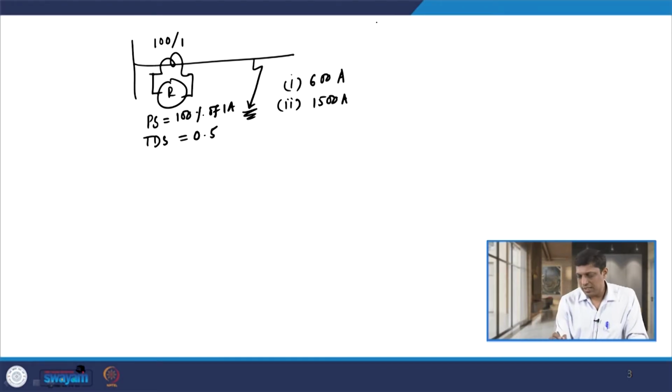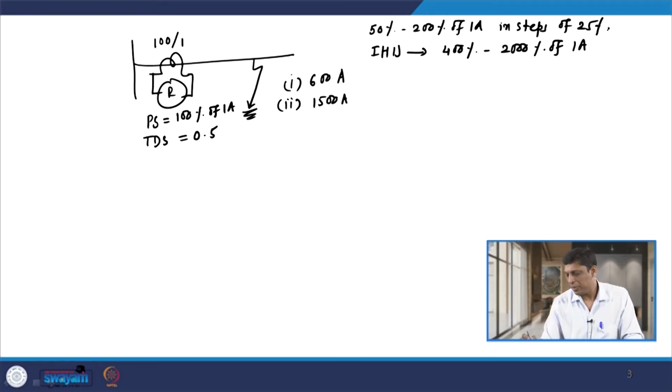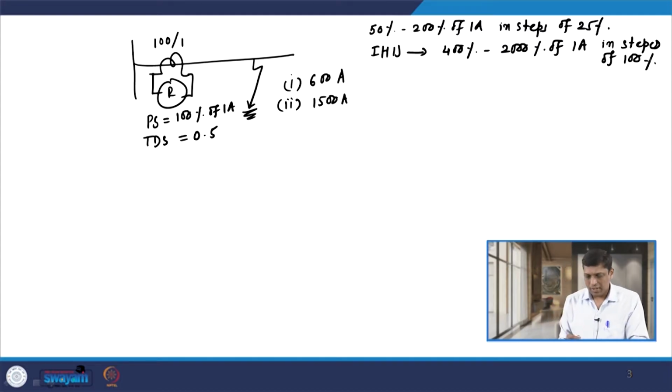The setting range of relay R is from 50% to 200% of 1 ampere in steps of 25%. The setting range of the instantaneous high set unit is 400% to 2000% of the relay rated current, that is 1 ampere, in steps of 100%.